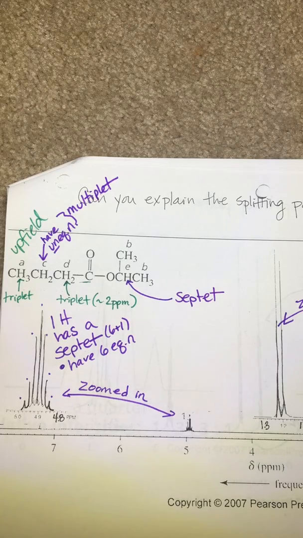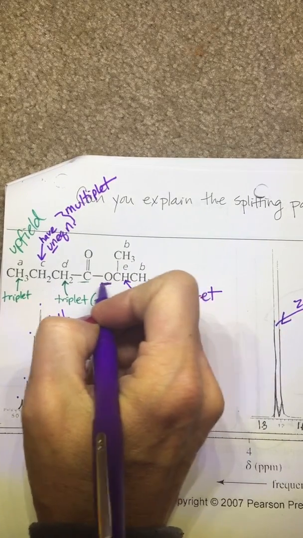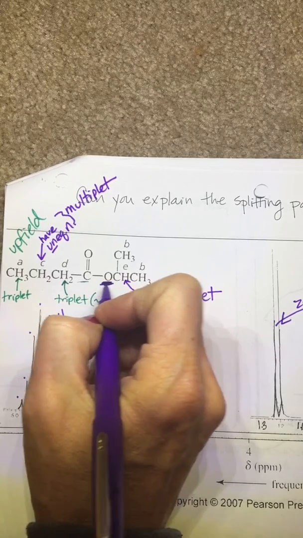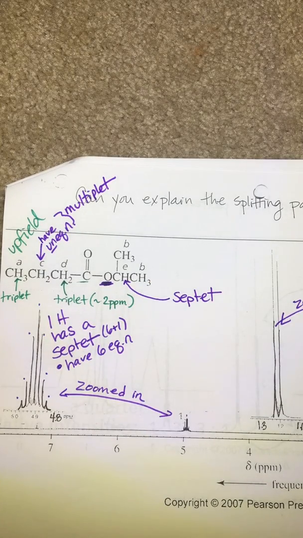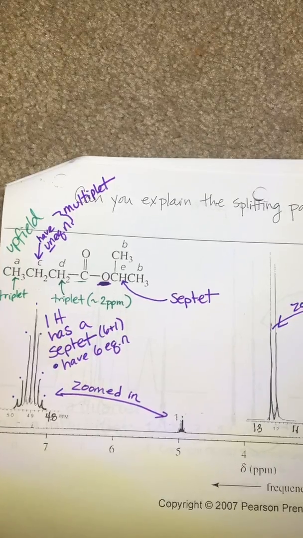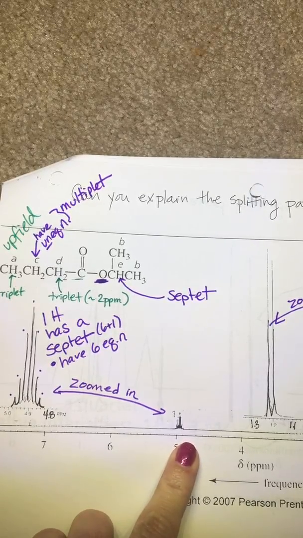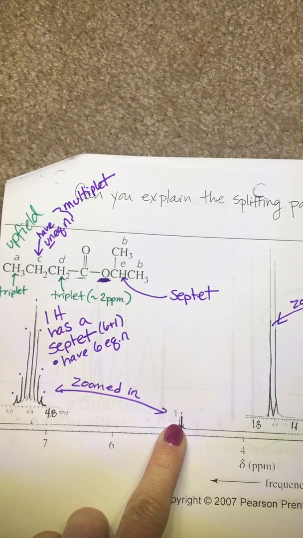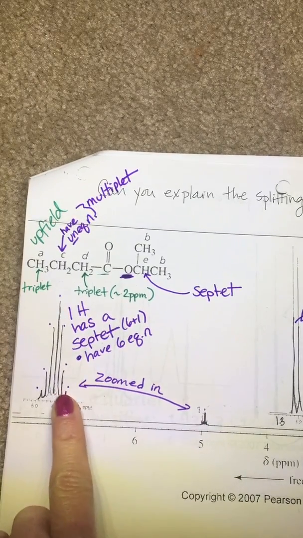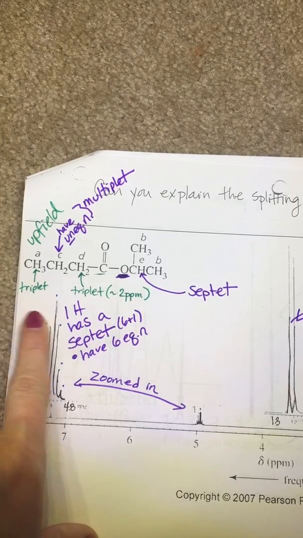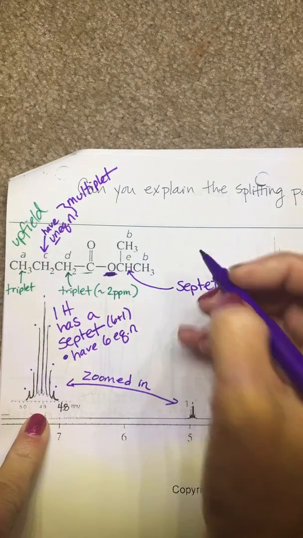Now, this little hydrogen is adjacent to an electronegative oxygen. That electronegative oxygen area is around 4-ish on your chemical shifts. And we do have a septet in our 4-ish region, right between 4 and 5. We have 1 hydrogen that has 6 equivalent neighbors. So that was that septet that we're seeing that's more downfield.